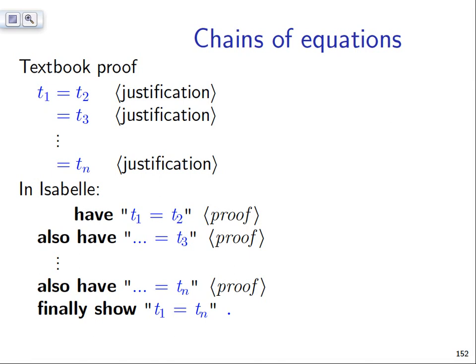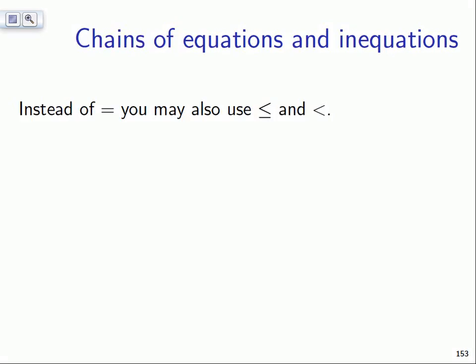Otherwise, the last step will be a trivial one, because you're just repeating the terms t1 and tn. And then, of course, here you really have the equality that you want, and you can then continue from that, or that is the thing that you wanted to prove in the first place. And really, dot, dot, dot is literally three dots. So it's part of the concrete syntax of the system.